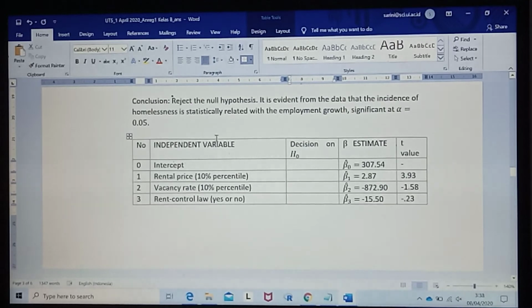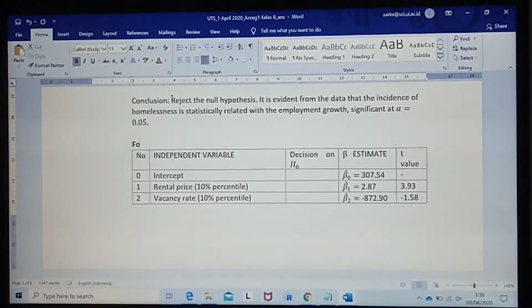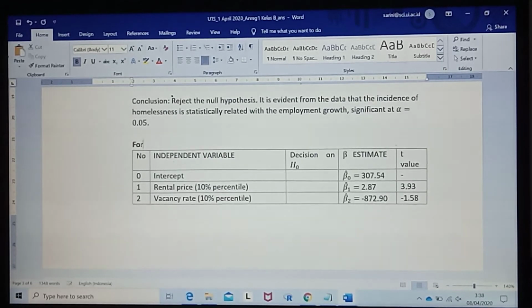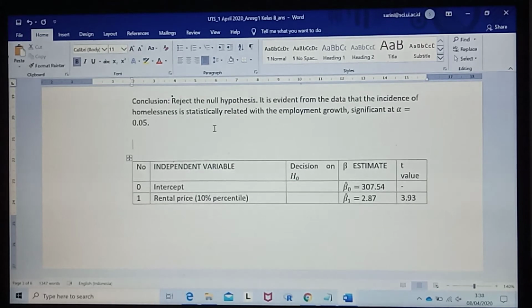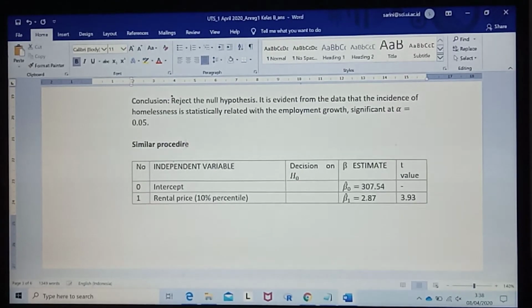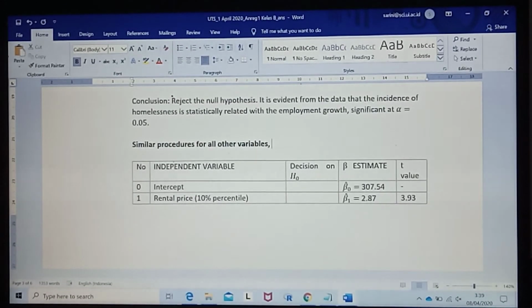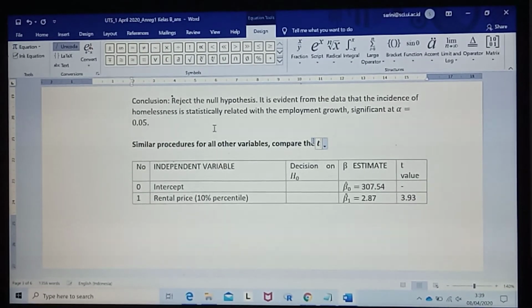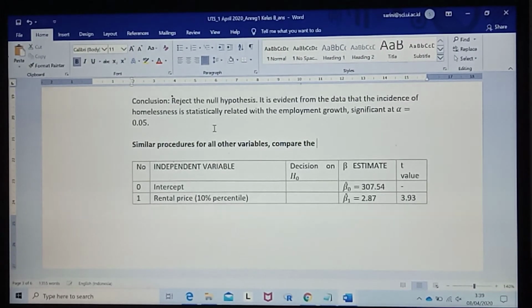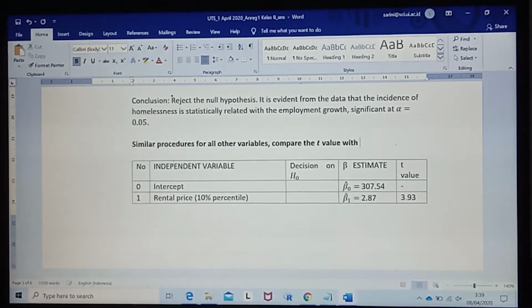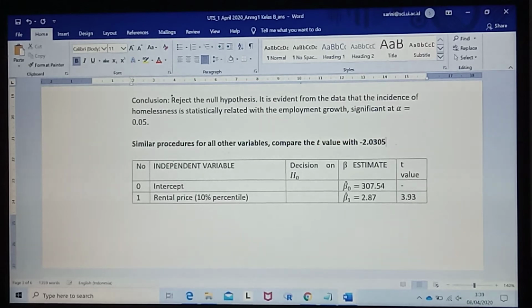So in here, for the other variables, I just need to do similar procedures for all other predictor variables, and then compare the t-value with plus or minus 2.0305.